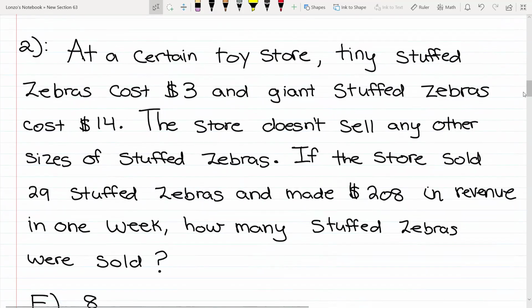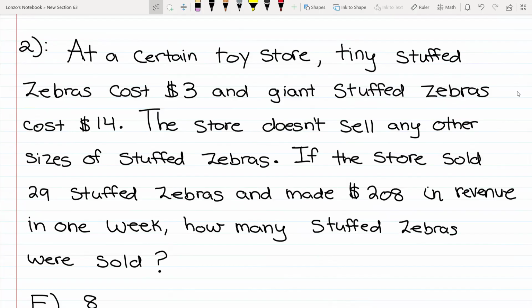Question two is a word problem. At a certain toy store, tiny stuffed zebras cost $3 and giant stuffed zebras cost $14. So you have tiny stuffed zebras and giant stuffed zebras, and the store doesn't sell any other size of stuffed zebras.